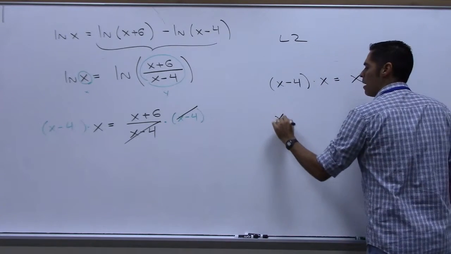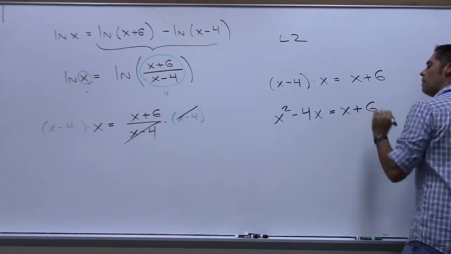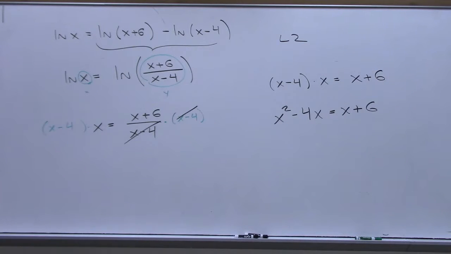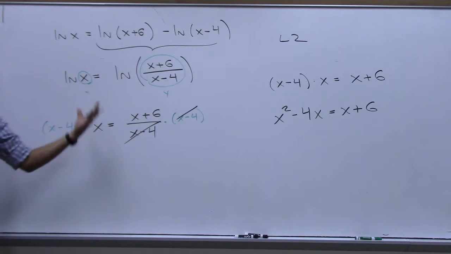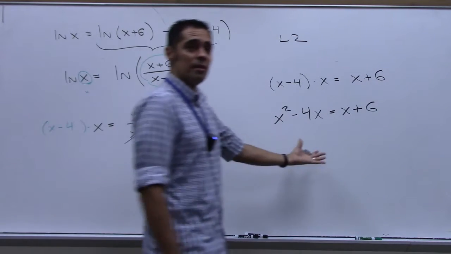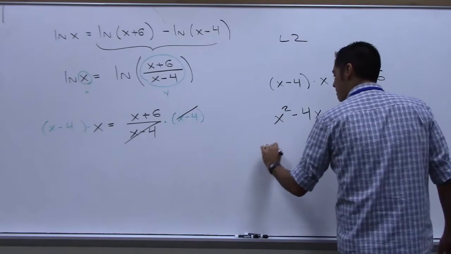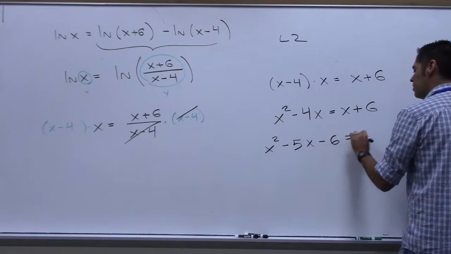This becomes x squared minus 4x equals x plus 6. And what type of equation do we have now? Quadratic again. So we started with the log equation, used the properties of logs to get it to a rational equation. The rational equation turned into a quadratic equation, and now the quadratic equation we will hopefully get 2 solutions for. So everything to one side, right? X squared minus 5x minus 6 equals 0.